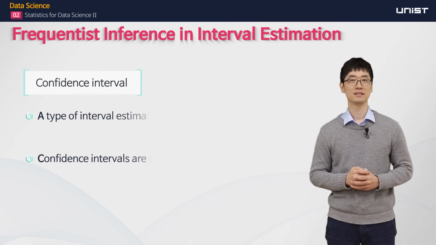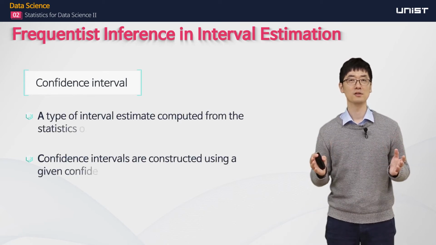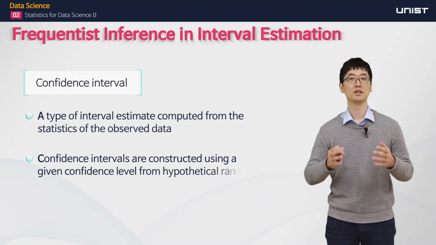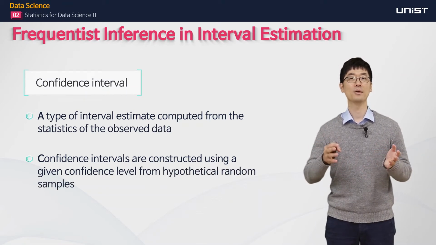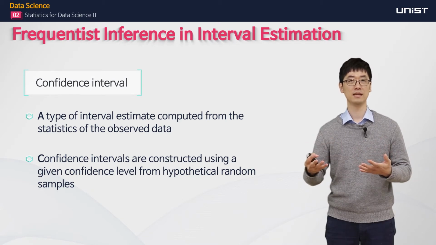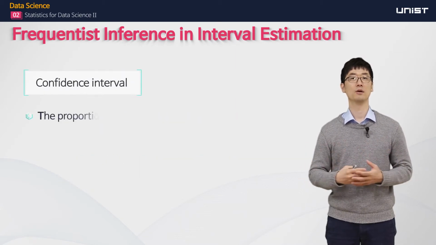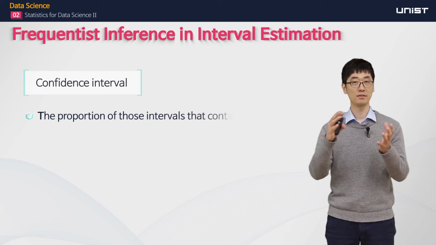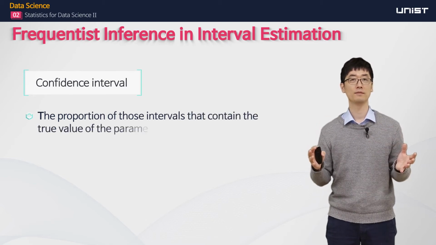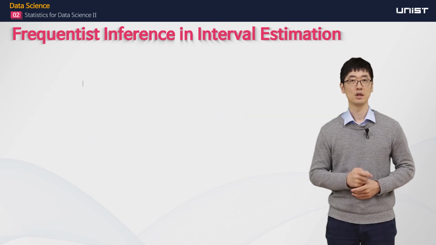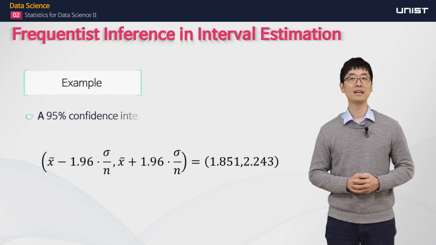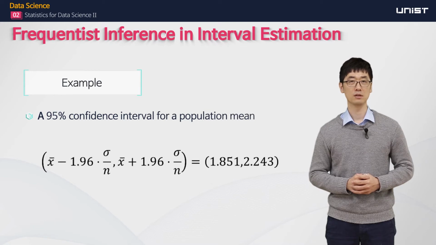In other words, if confidence intervals are constructed using a given confidence level from an infinite number of independent sample statistics, the proportion of those intervals that contains the true value of the parameter will be equal to the confidence level. For example, a 95% confidence interval for a population mean theta is this.